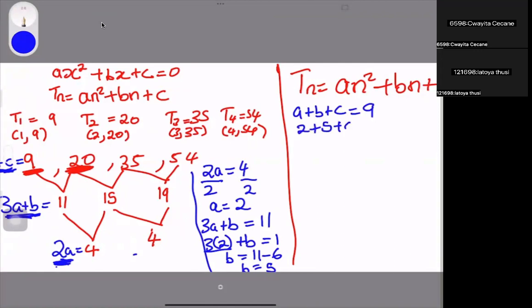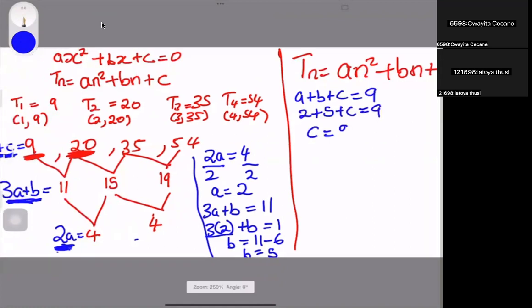And therefore, the general term is going to be equal to an squared, which is going to be 2n squared plus 5n plus 2.